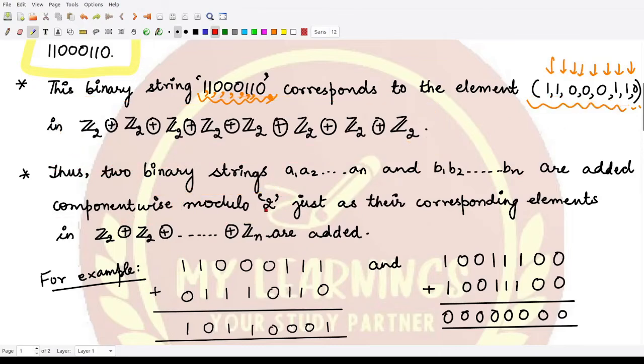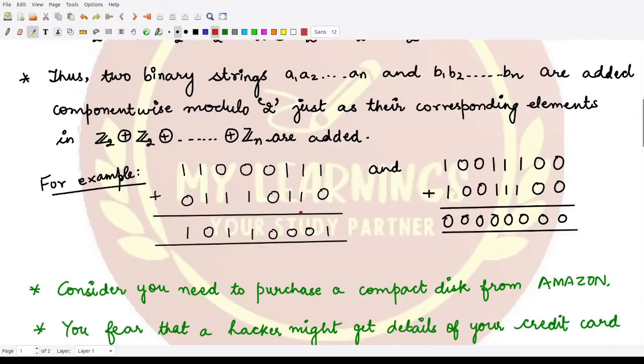So how do we add two strings? I have considered two examples here. In the first example, I have considered this string and I am adding this string to it. Let's see how we can perform this addition. We need to add 1 plus 0, which is 1, and then we take mod 2 of it, so it is just 1.